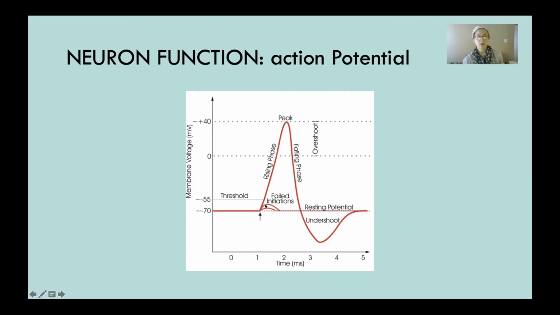If we depolarize it to negative 60, negative 65, anything like that, it's not going to hit threshold. If we depolarize it so that it climbs up to negative 55 or higher, then it will send an action potential. It is an all or nothing event. It's like not having pulled a trigger or pulling a trigger.